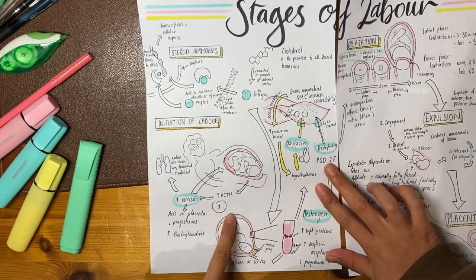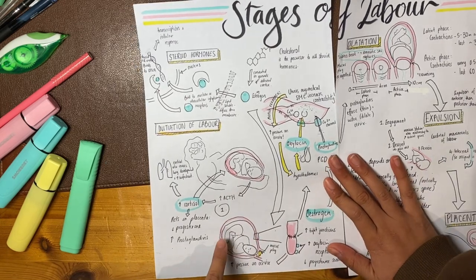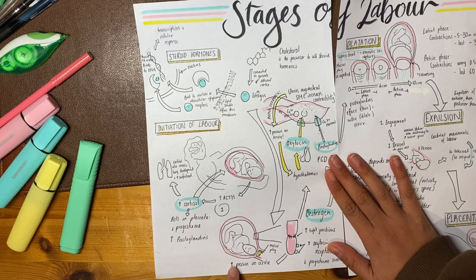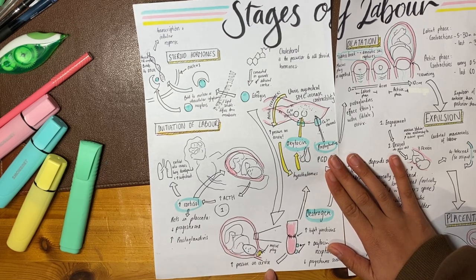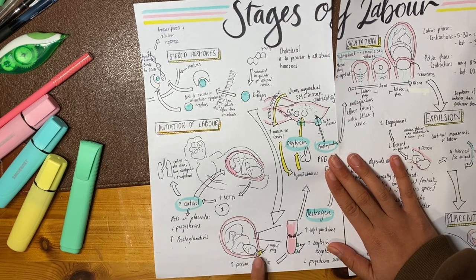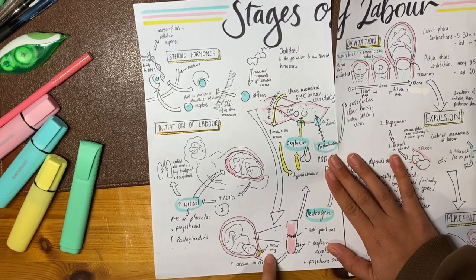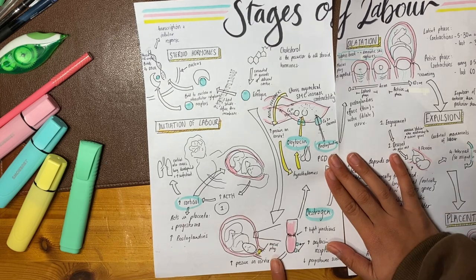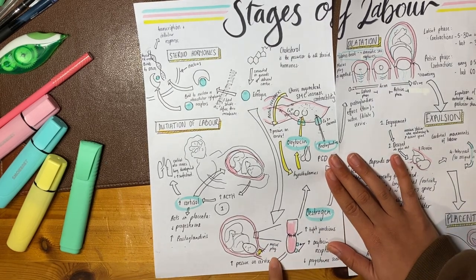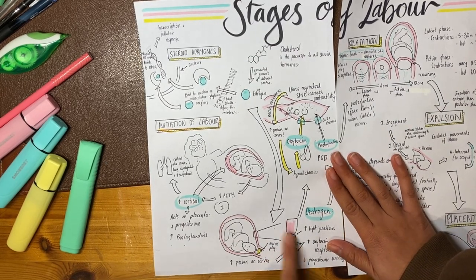Now, I've also drawn here the fetus within the womb that is increasing as it grows. It's increasing its pressure on the cervix. The cervix is here, and it's a small opening, the bottom part of the uterus, and it's covered by a so-called mucus plug, usually, which protects the fetus and the placenta, etc., from any bacteria.